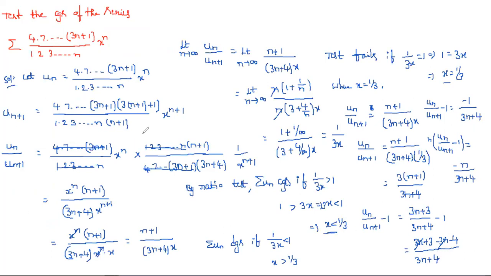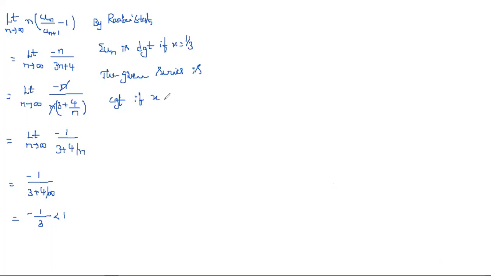Convergent for x less than 1 by 3, and divergent if x is equal to 1 by 3 and x greater than 1 by 3, that is, x greater than or equal to 1 by 3. So like this, we need to do that. Raabe's test. Okay, so this is the one.